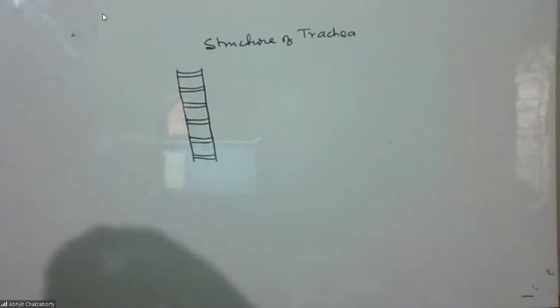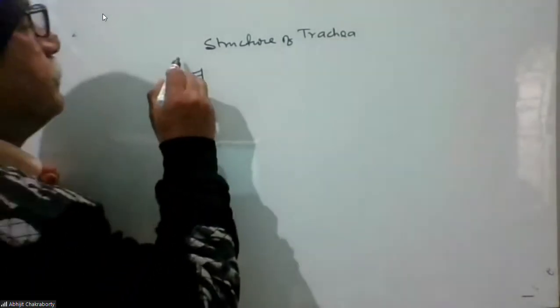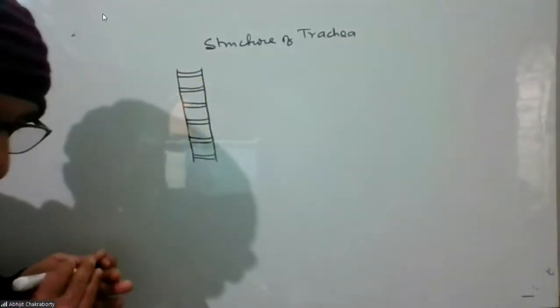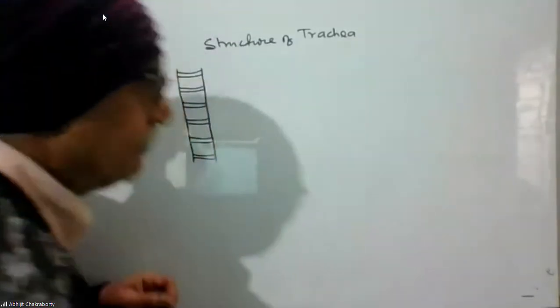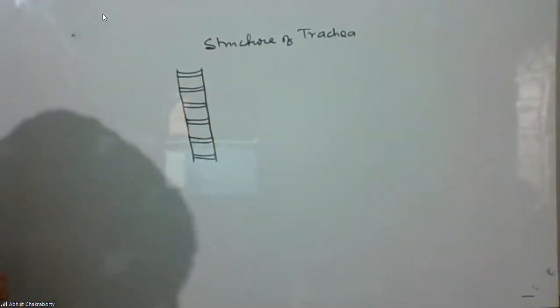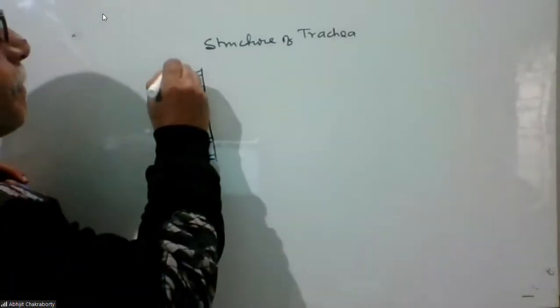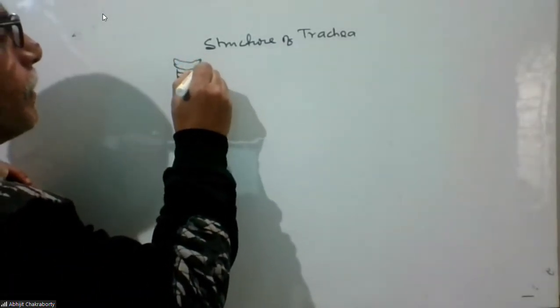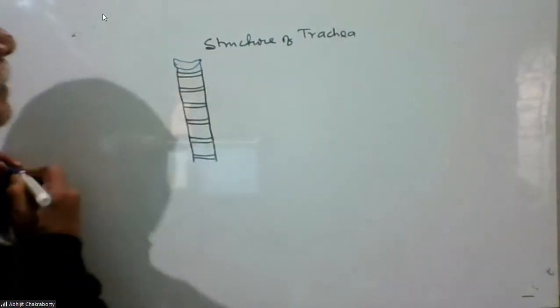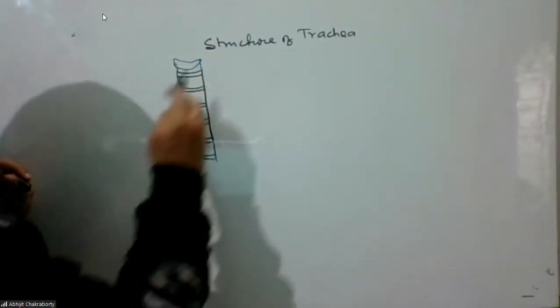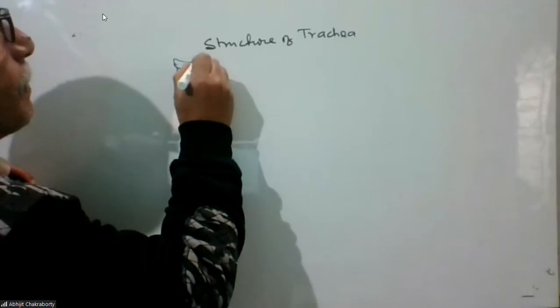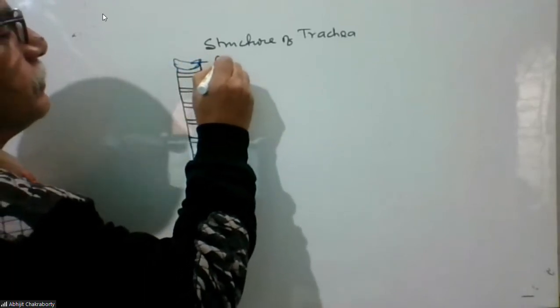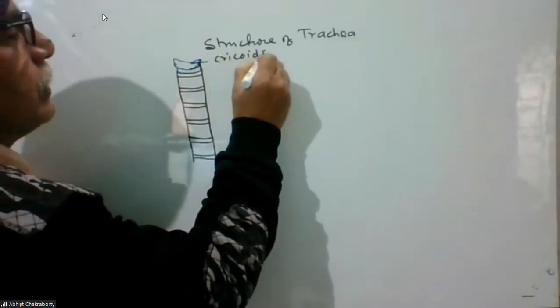So this is the trachea, and this is the cricoid cartilage.